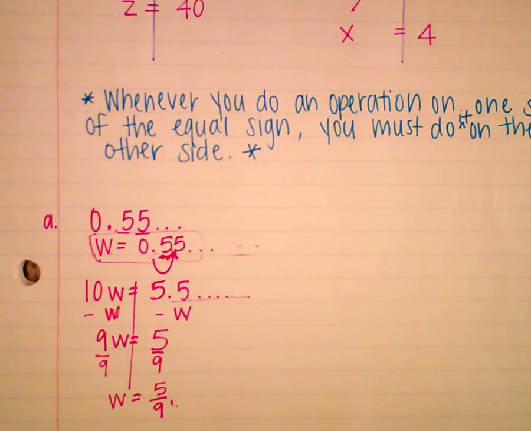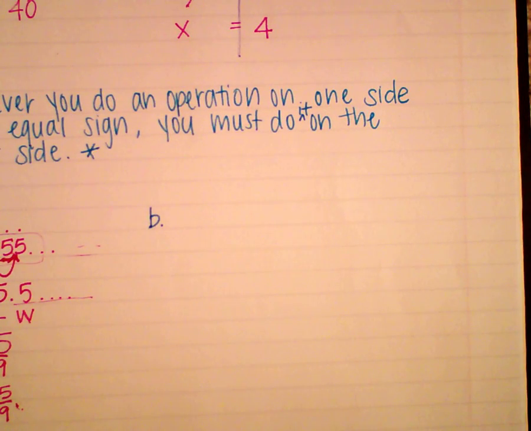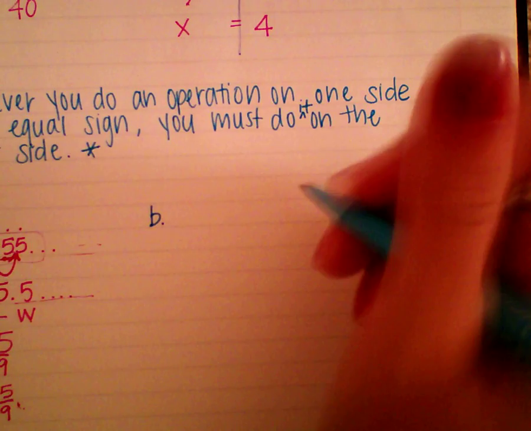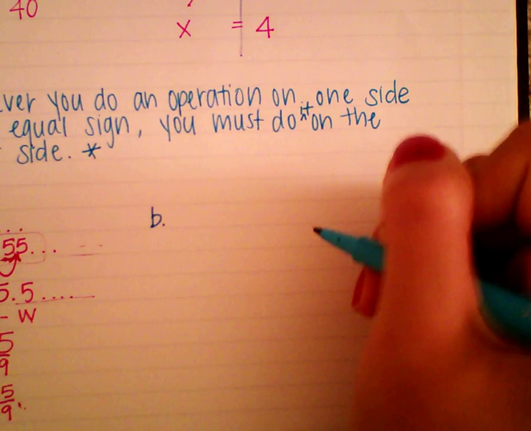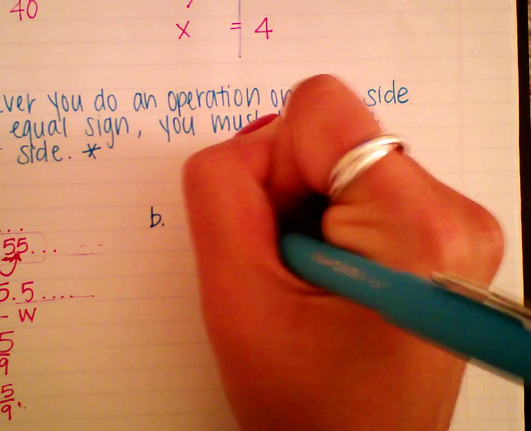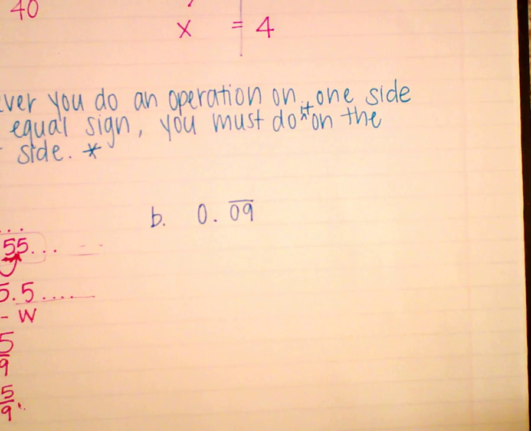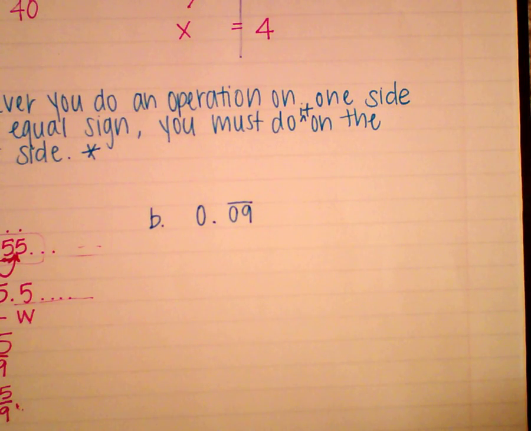Now let's take a look at a little bit different example. This one is a little bit different, and we'll talk about why as we go through it. So, if we are given the repeated decimal 0.09, and if it has a line over it, that tells me 09 repeats and repeats and repeats, I need to first set my repeating decimal equal to a variable.